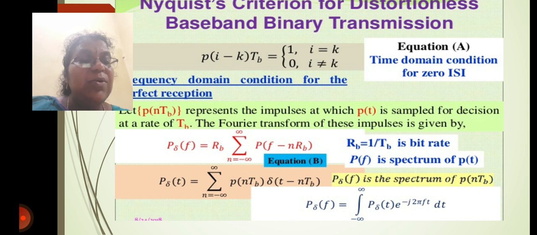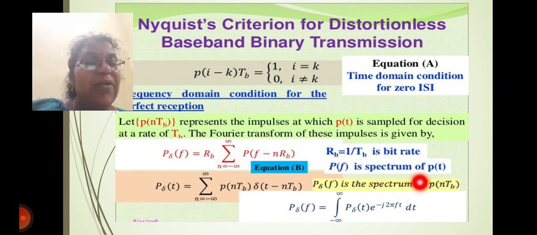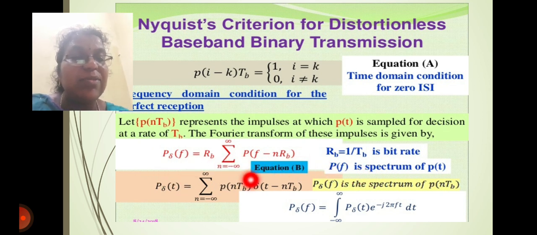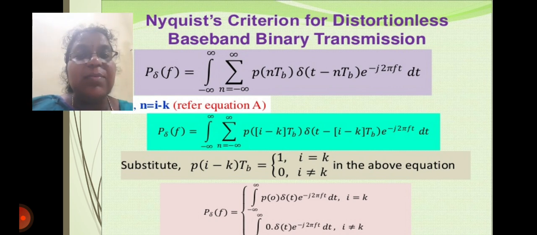Then we know from the transform equation, P_delta(f) is equal to integral minus infinity to infinity P_delta(t) e raised to minus j2 pi f t dt. We can substitute P_delta(t) here, and now we will be obtaining P_delta(f) equal to integral minus infinity to infinity summation n equal to minus infinity to infinity P(nTb) delta(t minus nTb) e raised to minus j2 pi f t dt.